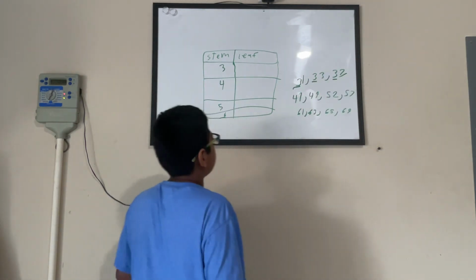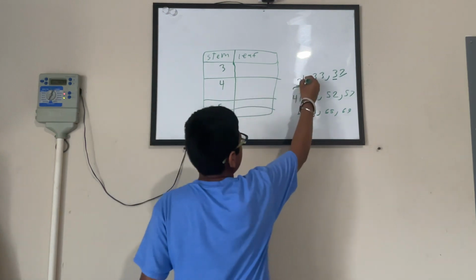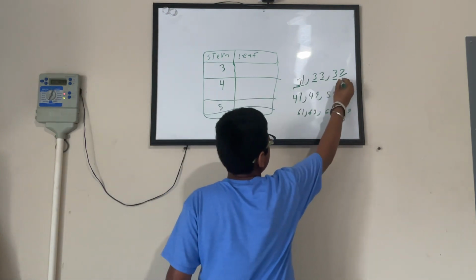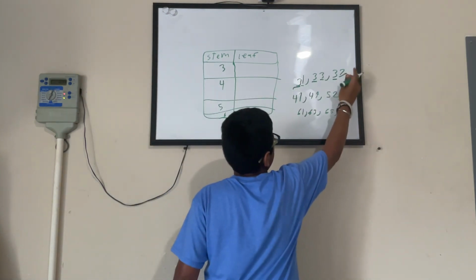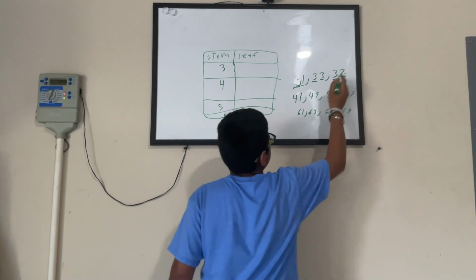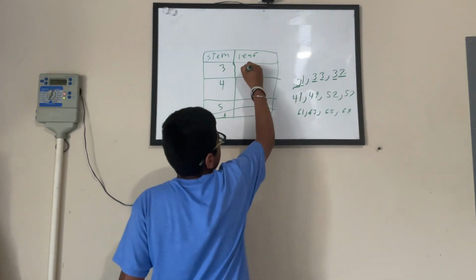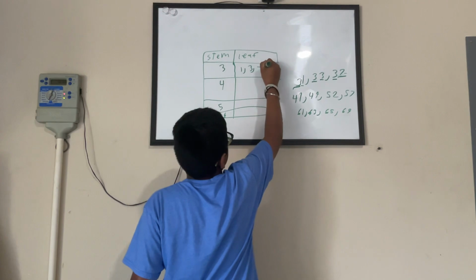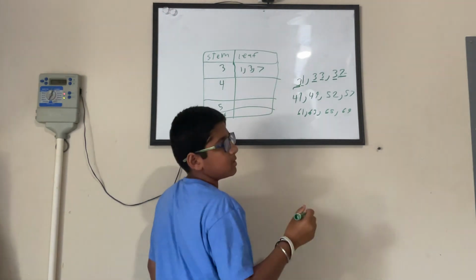They all have 3 in common, so I'll put these numbers in the leaves: 1, 3, and 7.